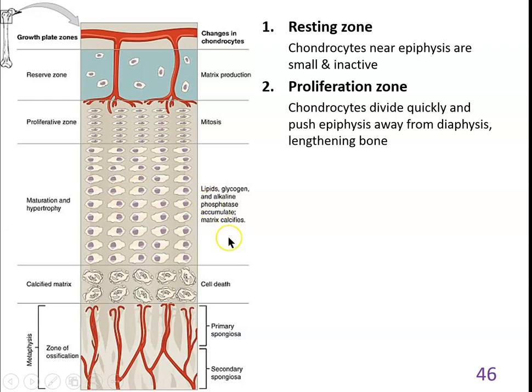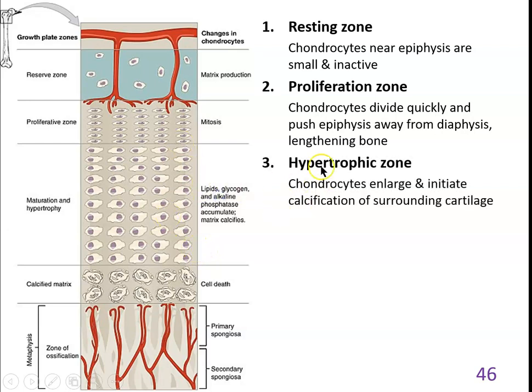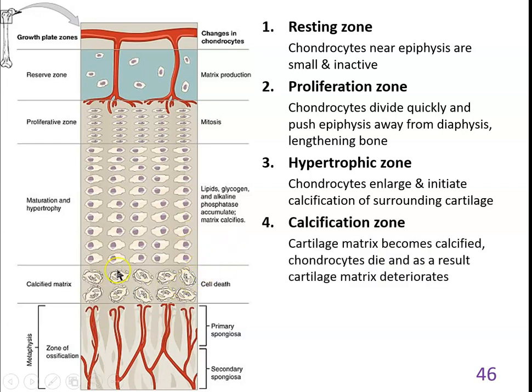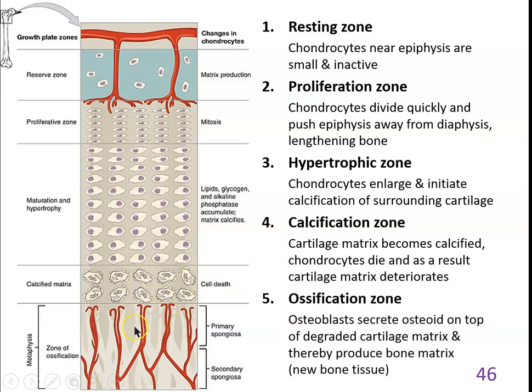So they mature, and they get very big, and eventually they stop dividing. The hypertrophic zone is where they begin to start calcifying, and they begin to stop really being cells. And then the calcification zone is where they die, and the matrix calcifies, and cartilage breaks down. And then the ossification zone, this is where blood vessels will invade, and osteoblasts and osteoclasts will get to work shaping this.